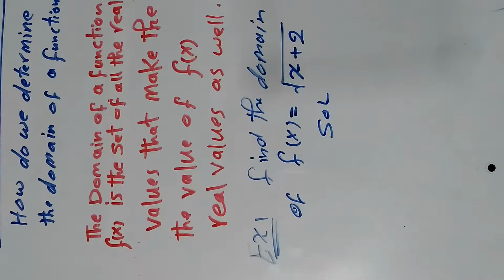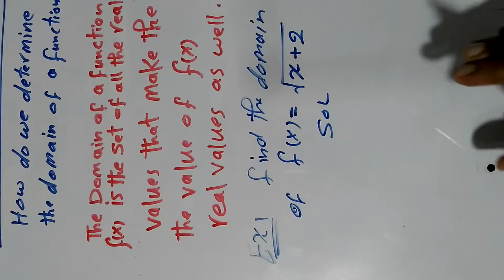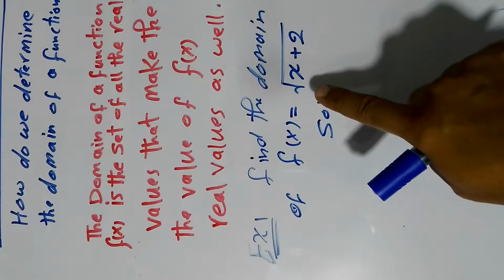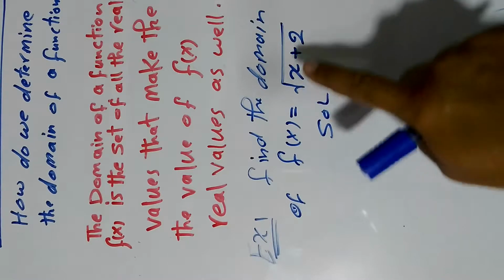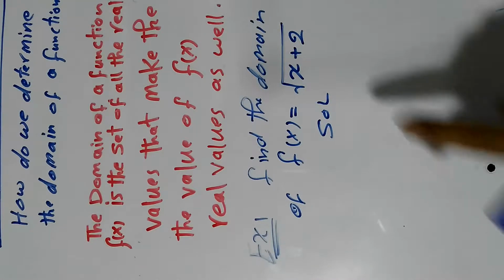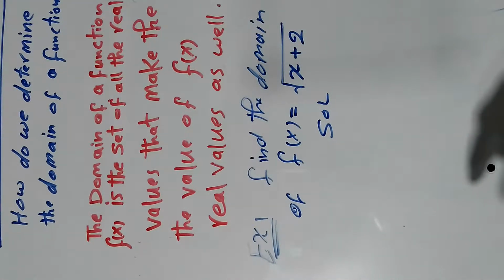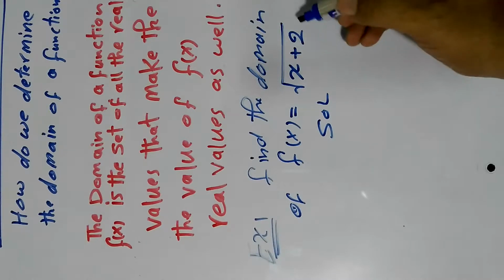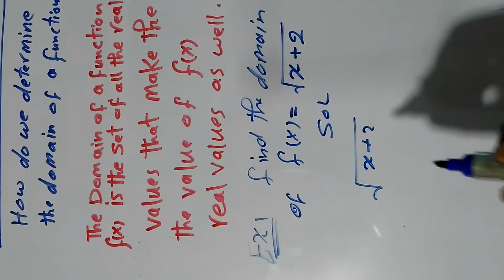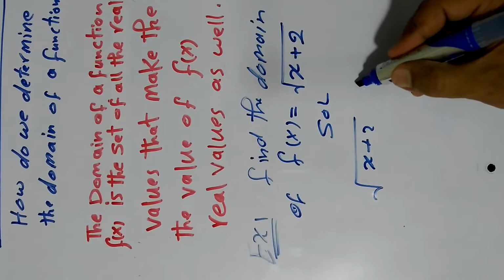From the definition of the domain, you are looking for the values that go into the function and produce real values as a result. Since this is a square root, you need the value to be real.